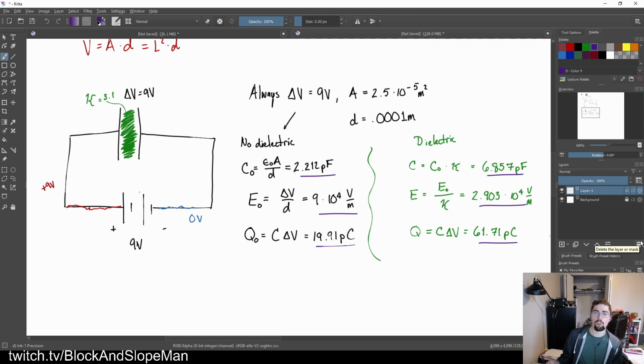But I do weaken the electric field, and if we needed that electric field for anything, surely that's not a fantastic thing, but the main point of a capacitor is to store a bunch of charge for us, to put that charge there to take out later. So it doesn't really matter what happens to these other values. We are trying to do whatever we can to maximize Q, and that's the point of a dielectric.